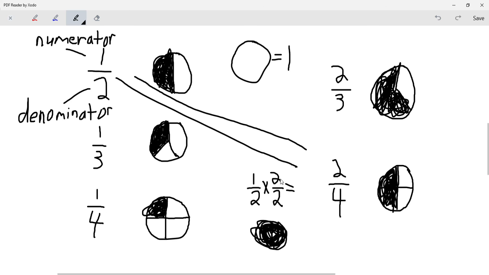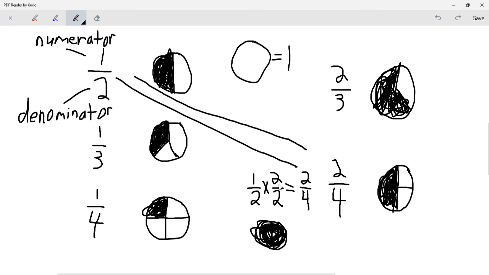So anytime a fraction has the same numerator and denominator, it equals 1. And when you multiply by 1, the value doesn't change. So 1 times 2 is 2. 2 times 2 is 4. So 1/2 actually equals 2/4.